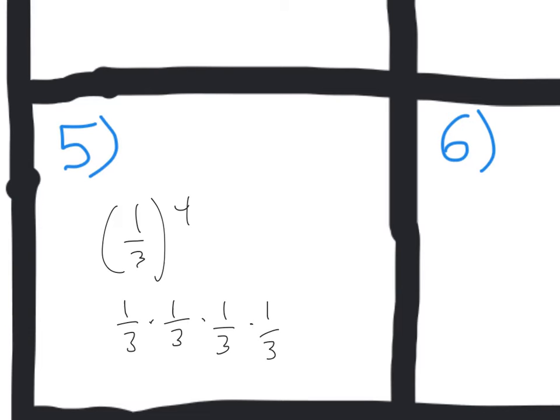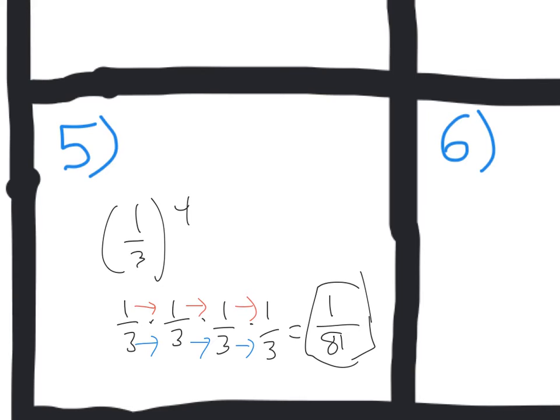When we multiply fractions, we go straight across the top and straight across the bottom. So 1 times 1 times 1 times 1 will get you 1, and 3 times 3 times 3 times 3 gets you 81. So that is your final answer, 1 over 81.